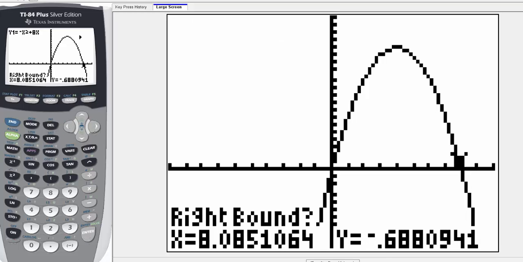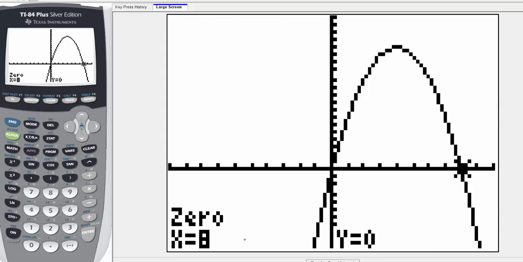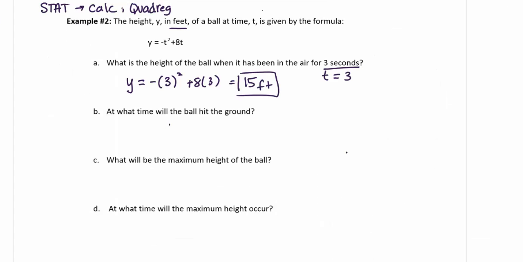I'm going to the right, pressing enter. Enter one more time, and I've got 8, 0. So make sure you can get that 0 on your own on your calculator. If your calculator is still in your bag, please take it out and try this again. So I have a point 8, 0. That means after 8 seconds, the ball is going to hit the ground.